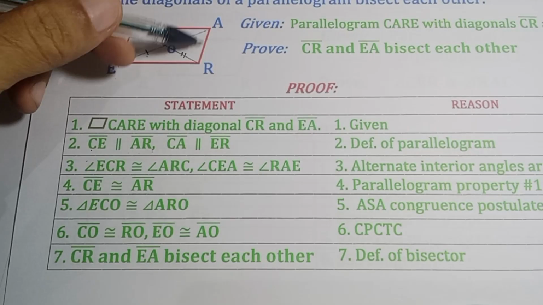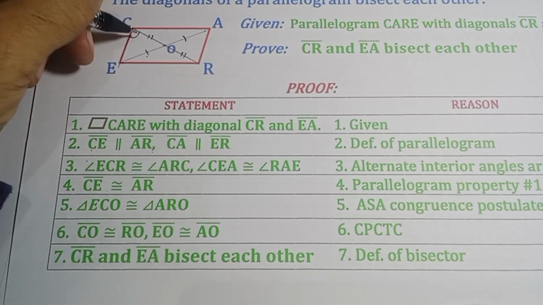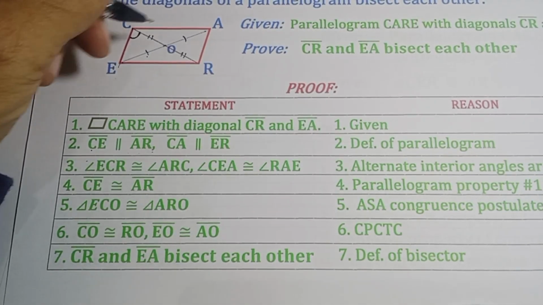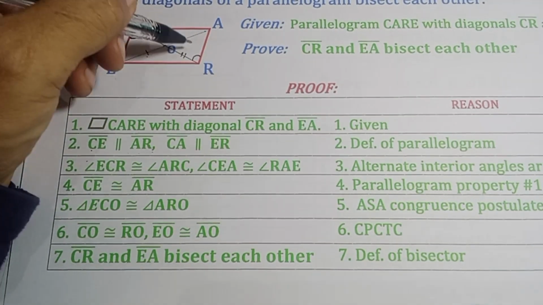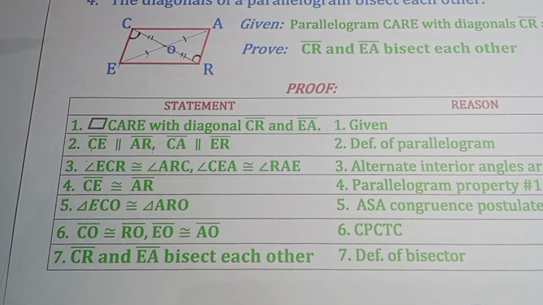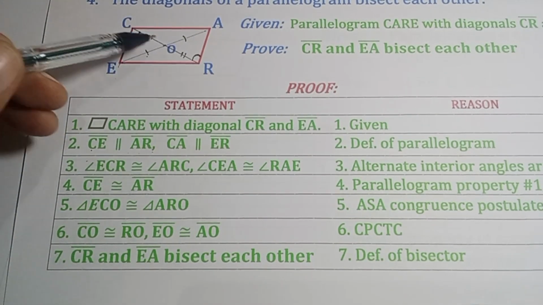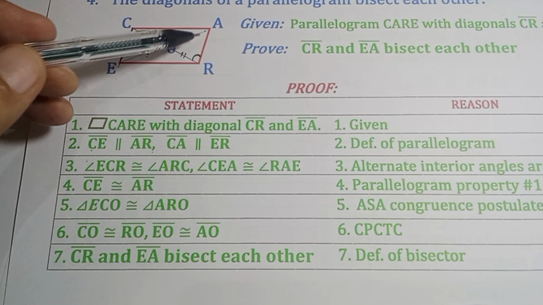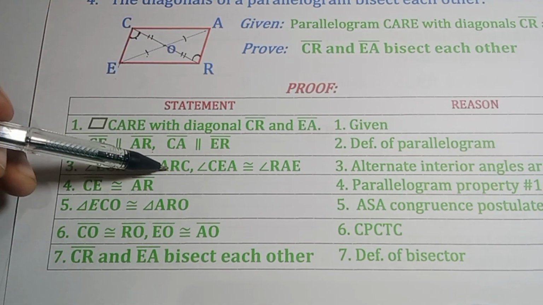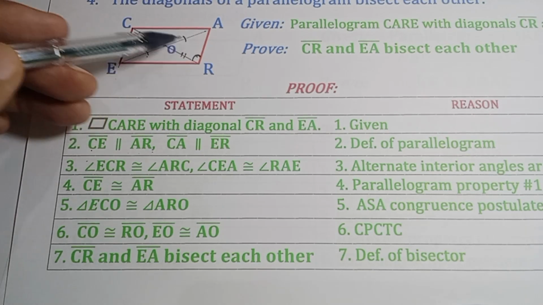If two parallel lines are cut by a transversal, these alternate interior angles are congruent. So we write angle ECR, this one, is congruent to angle ARC, this one. So this angle is congruent to this angle.